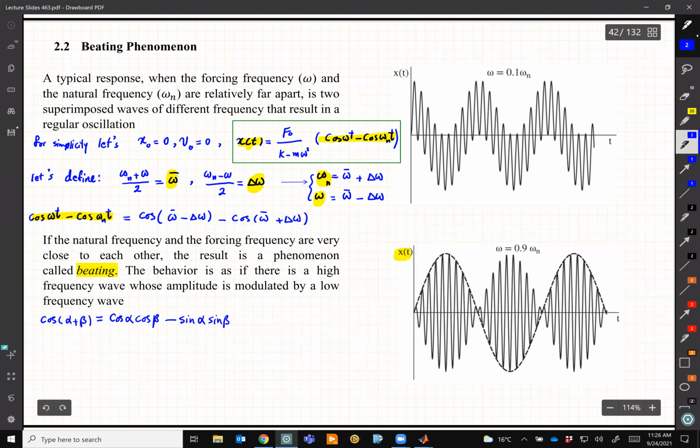But now that we know how to expand these things, we should be able to expand this cosine, and minus cosine of that thing. And then we do lots of math. I'm just going to write down the final answer, which is 2 sine omega bar t sine delta omega t.